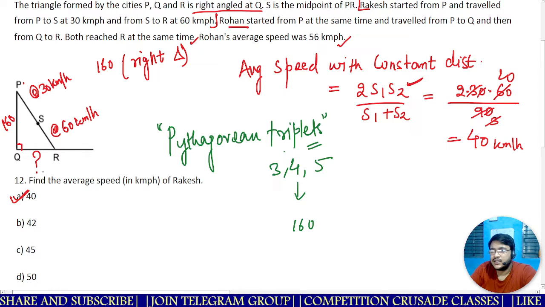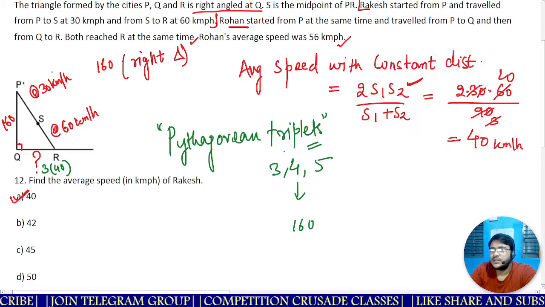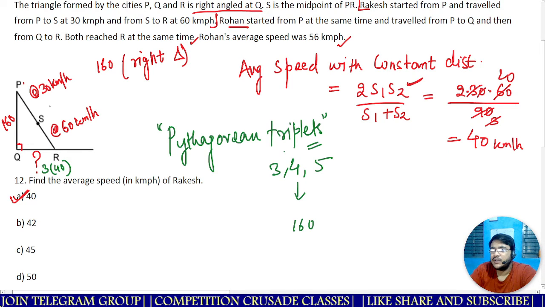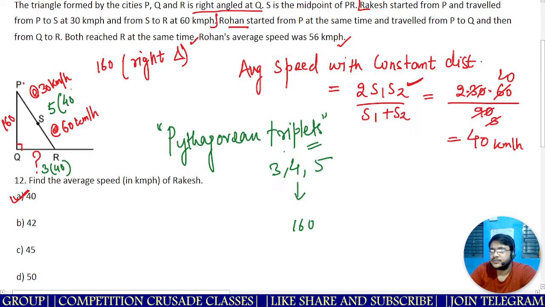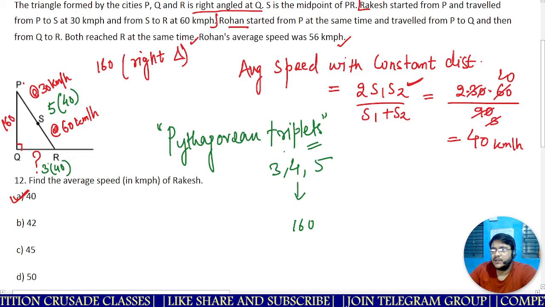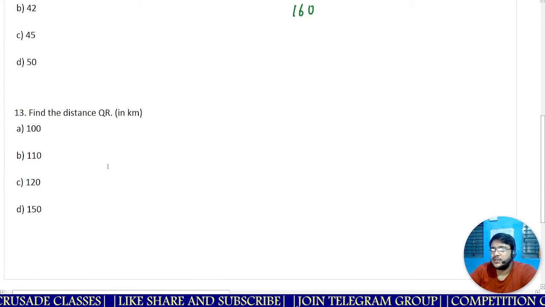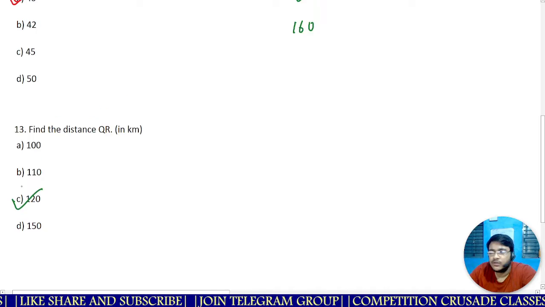So can I not say this question mark will become 3 times 40, and needless to say this distance PR will become 5 times 40. So 3 times 40 is 120. So the answer of this will be straight up 120. You mark this and you go ahead.